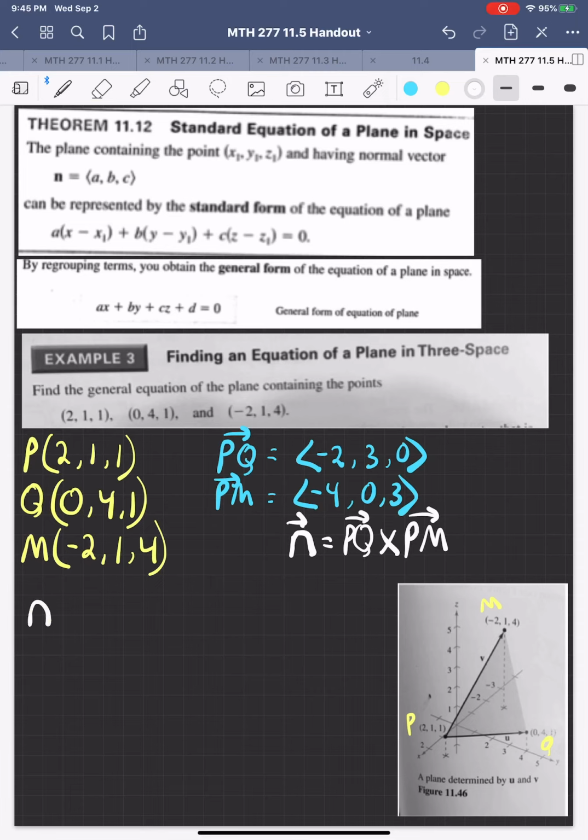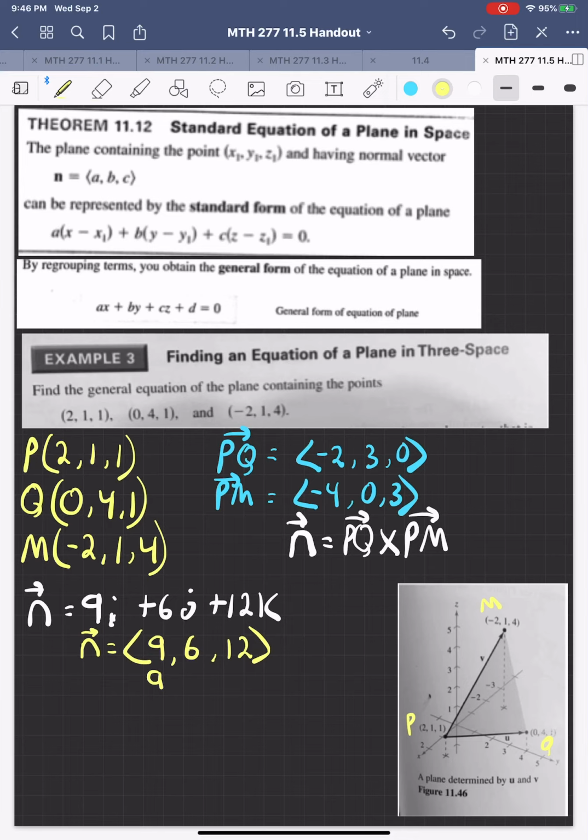So here it is: N, the normal vector, is 9i plus 6j plus 12k. You know where we go from here. N in component form is 9, 6, 12.